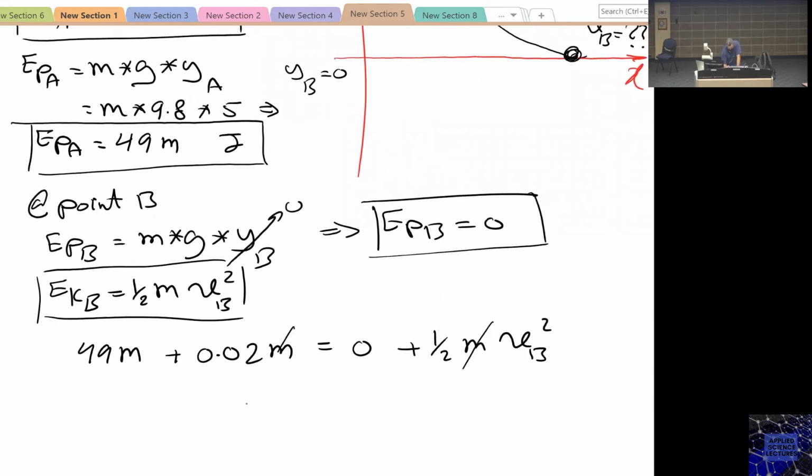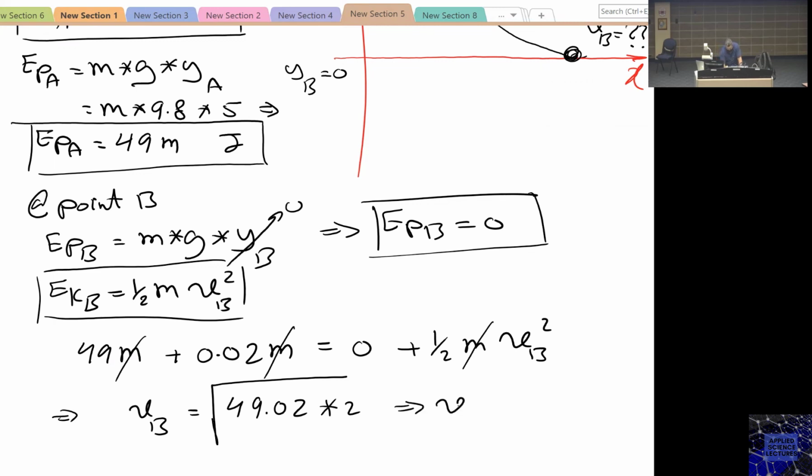So M cancels, I will end up with VB equals the square root of 49.02 times 2, which is 9.9 meters per second.